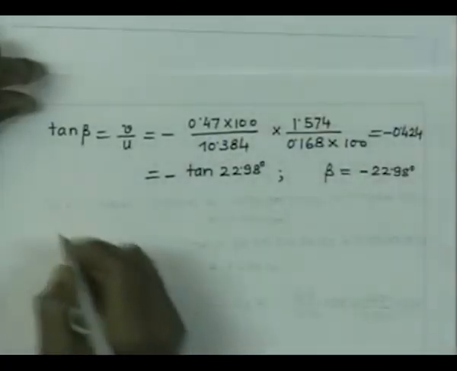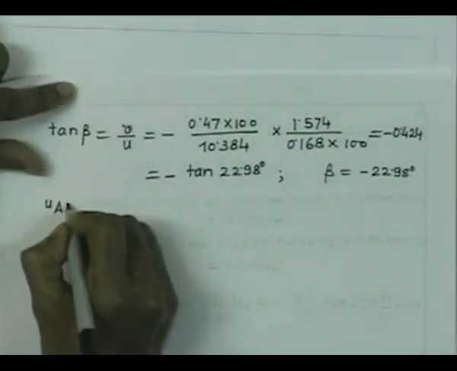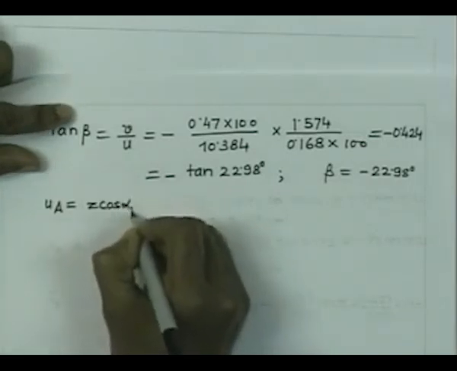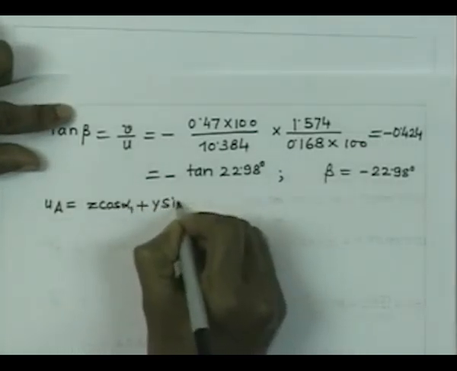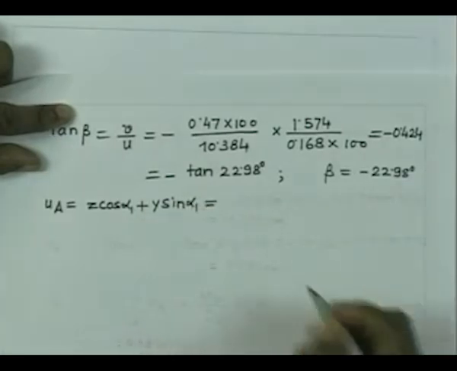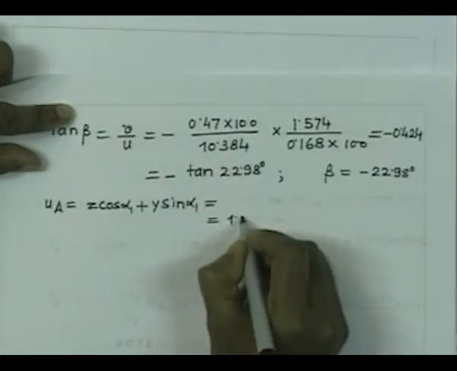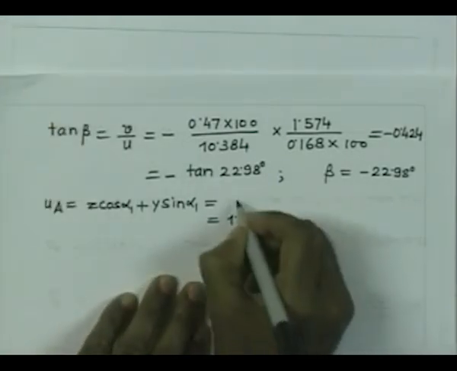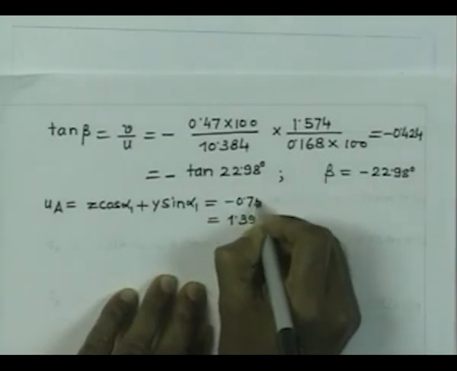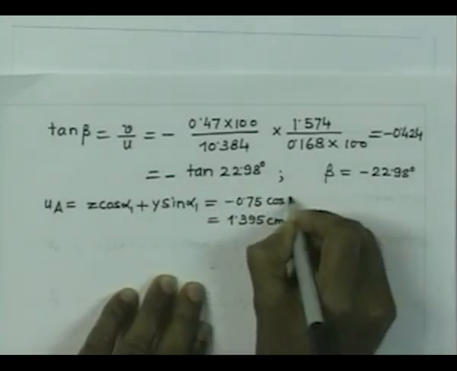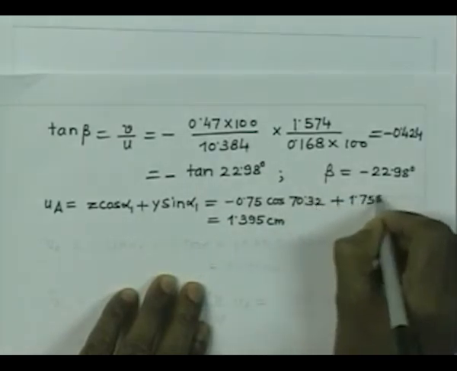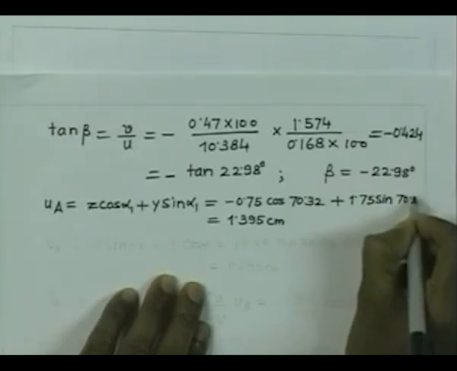So, quickly I will try to give you the stress at the point A. For that you need to calculate uA, which is nothing but z cosine alpha 1 plus y sine alpha 1, and after substitution of the values it is 1.395 centimeter. This is 0.75 cosine 70.32 plus 1.75 sine 70.32.